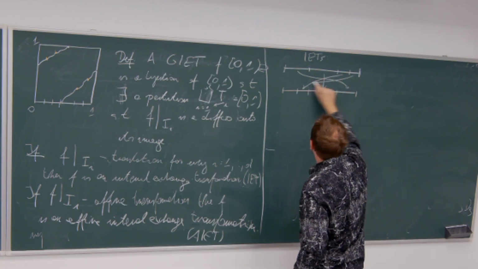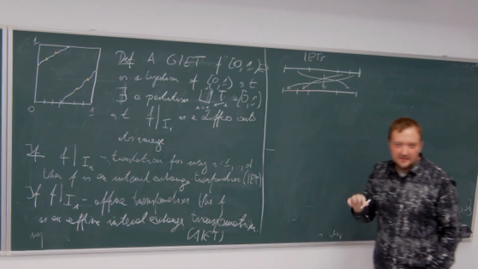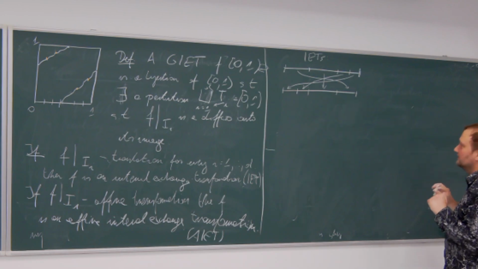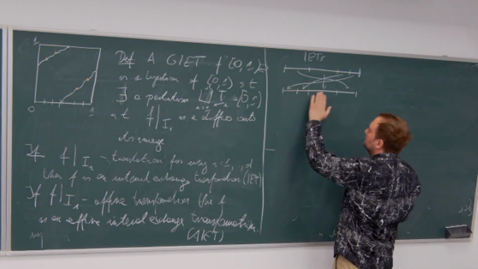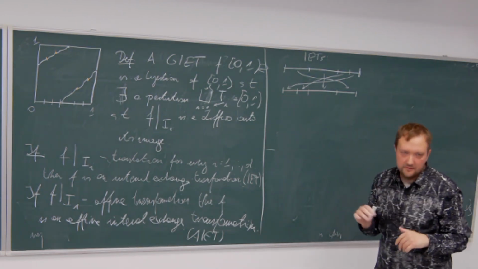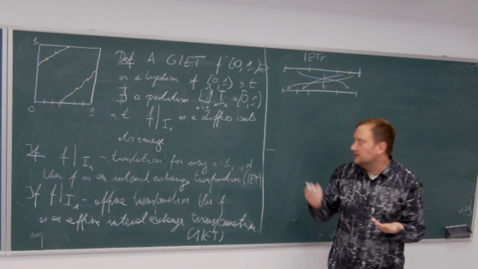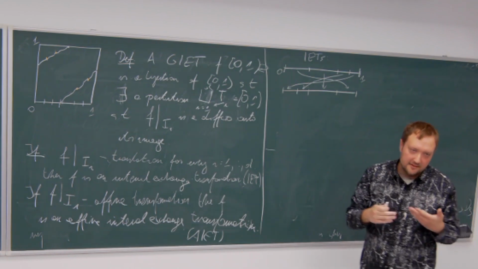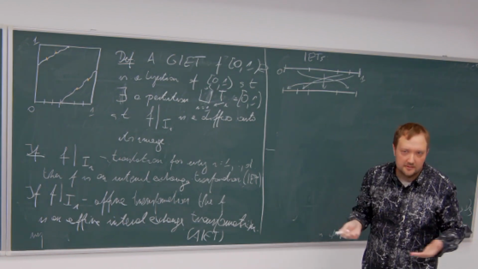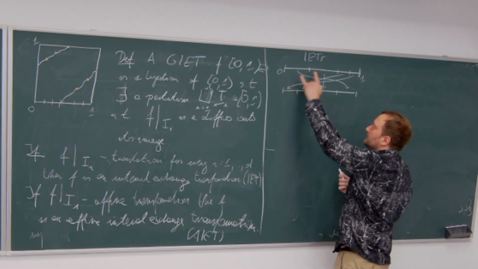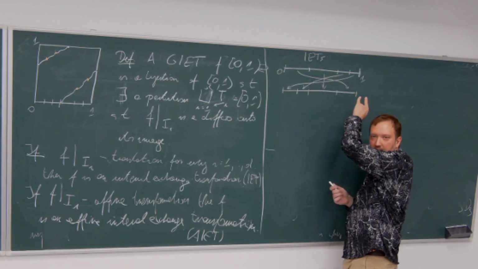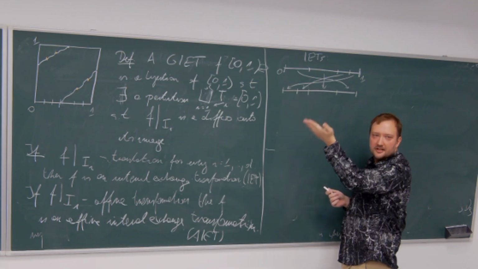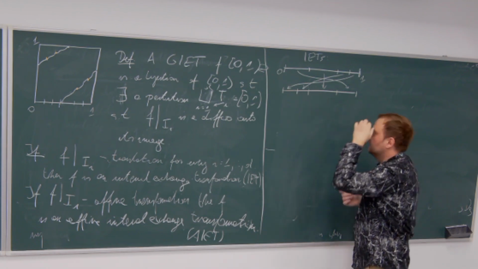I mean, the lengths should be preserved, which is not the case in my picture. I hope you can forgive me. So this is an interval exchange transformation. If I assume that this is the interval [0,1], then it's encoded by two parameters. The first tells how I divide my interval into subintervals, and the second tells how I interchange the intervals.